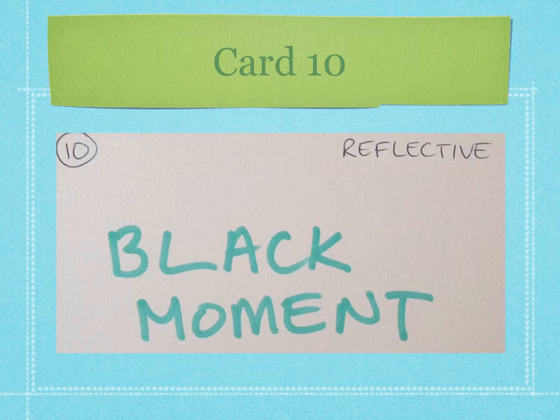So here's where your heroine can truly wallow in self-pity, okay? The black moment is where all is lost, love is not enough, everything has turned to crap, okay? They are in a very, very deep hole, and this brings us to the end of Act 2, okay?